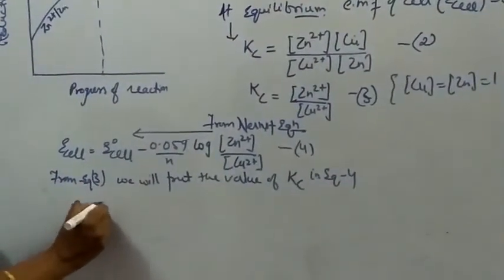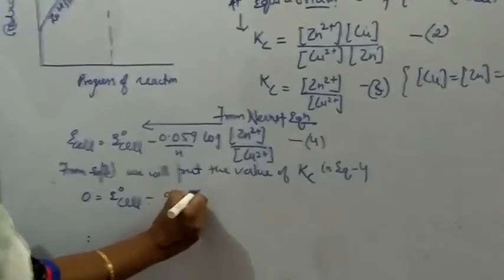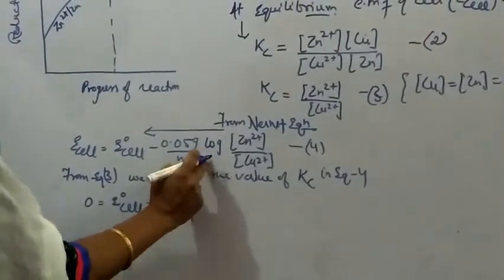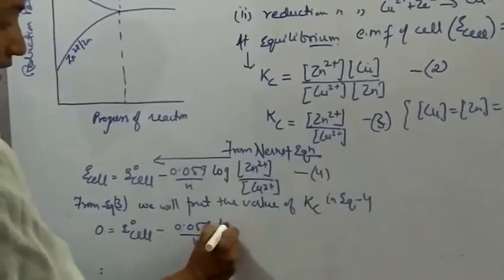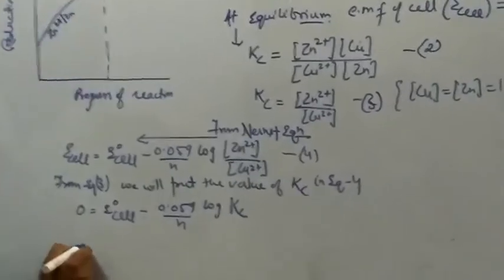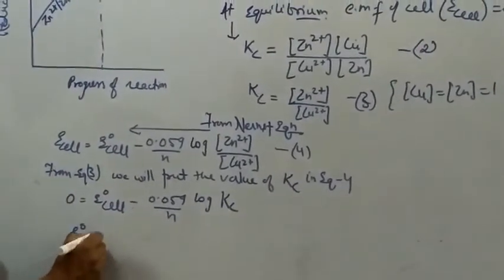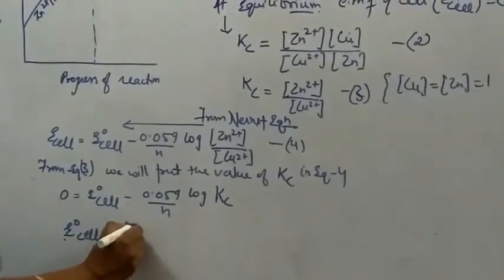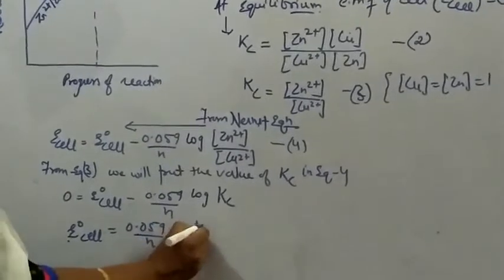So with E cell equal to 0, we get E naught cell minus 0.059 upon n, and instead of Zn2+ upon Cu2+, we put Kc. So it becomes log Kc here. Or we can say that E naught cell is equal to 0.059 upon n log Kc.